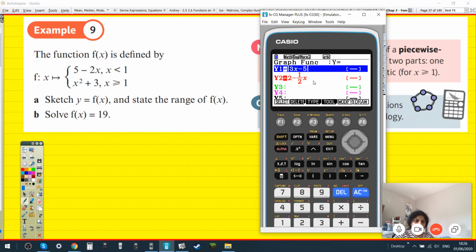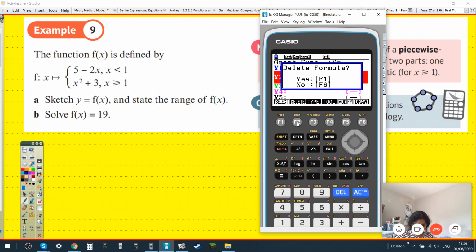So square bracket, if it's going to negative infinity, just leave it blank, and then comma 1. So it's blank, comma 1, close square bracket.